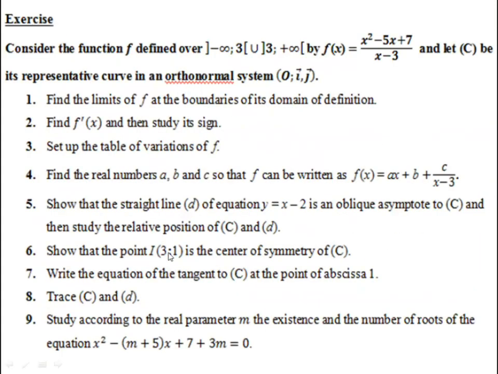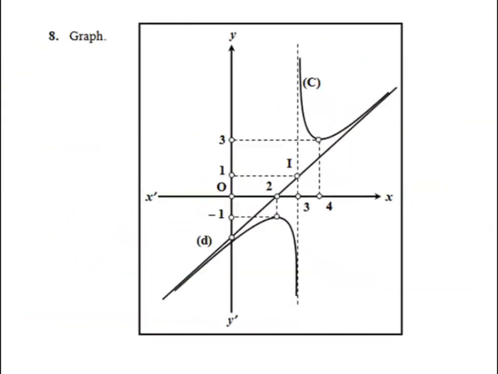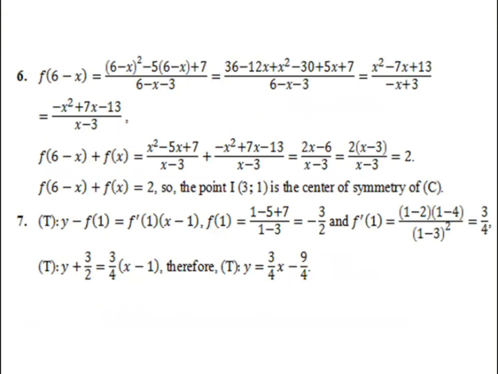Now part 6, we have to show that the point I with coordinates (3, 1) is a center of symmetry of C. Here, small a equals 3 and small b equals 1. Now we will apply the formula. We have to show that f(2a - x) plus f(x) equals 2b. f(2a - x), which is f(2 multiplied by 3 - x), which is f(6 - x).